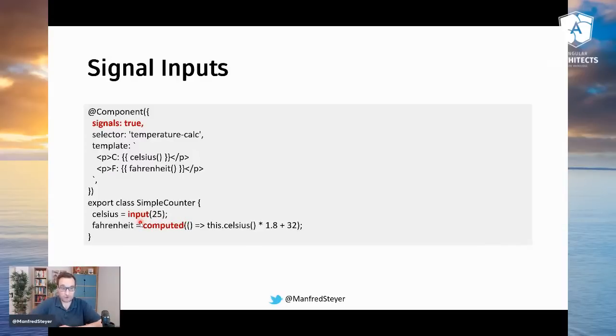Instead, we just go with this function here, input. Interestingly, at least according to the current RFC, regardless if the consumer puts in this value as a signal or not, it shows up in here as a signal, so we can use it in a reactive way.